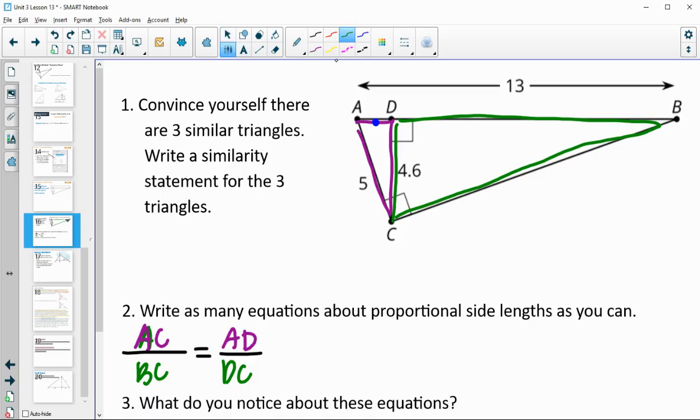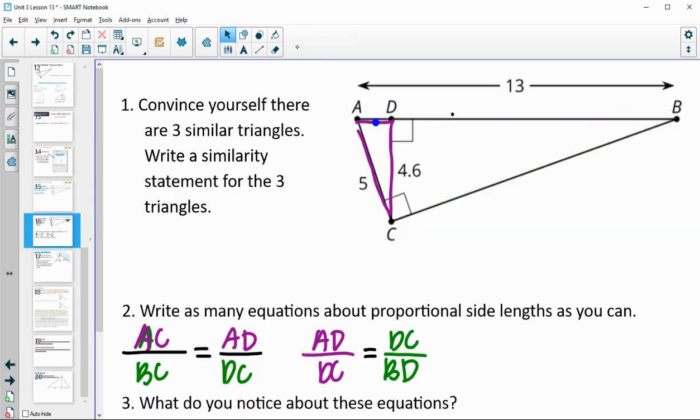Could have also looked at, in this purple triangle, the shorter leg, and maybe I'll just compare two in the purple triangle. So shorter leg to longer leg, and that equals, and then do the same thing in the green triangle, the shorter leg DC to the longer leg BD. Okay. I could also go to looking at the larger triangle.